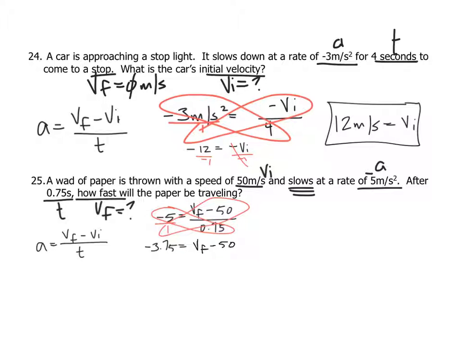So to get rid of that 50 and have VF all by itself, all I simply need to do is add 50 to both sides. And when I do that, the 50s cancel out on the right, and I get VF all by itself. And negative 3.75 plus 50 gives me 46.25 meters per second as my final velocity.